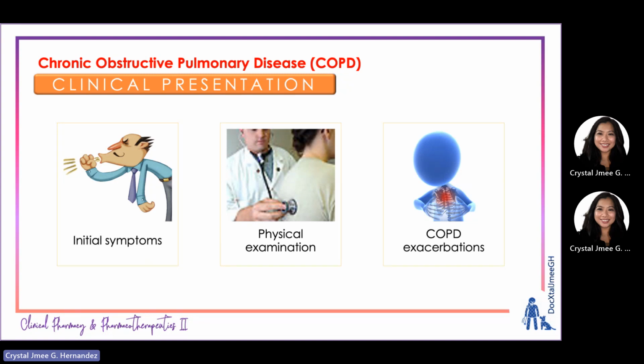Now, if a physical examination is performed, patients in milder stages would mostly have normal results. It is only when airflow limitation becomes severe that patients present physical signs such as cyanosis of the mucous membranes and development of a barrel chest, which is due to hyperinflation of the lungs.